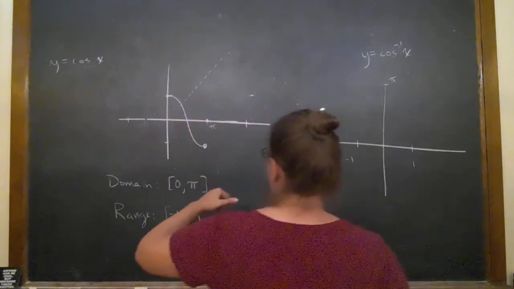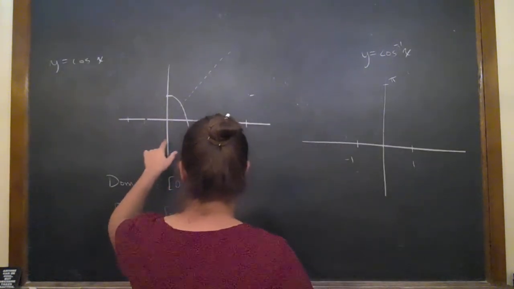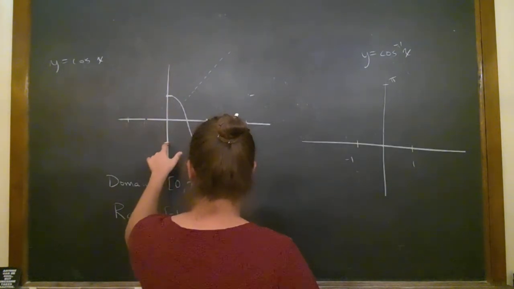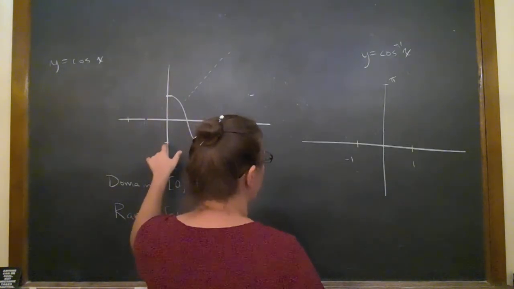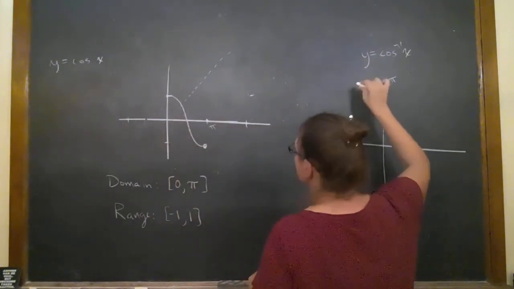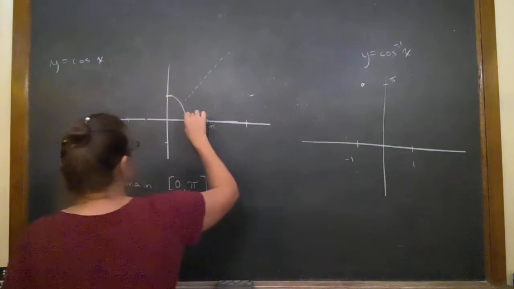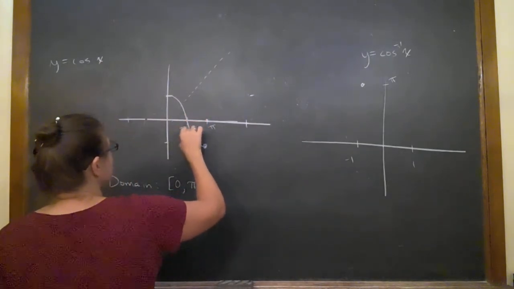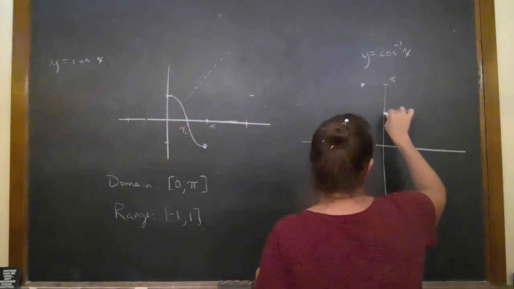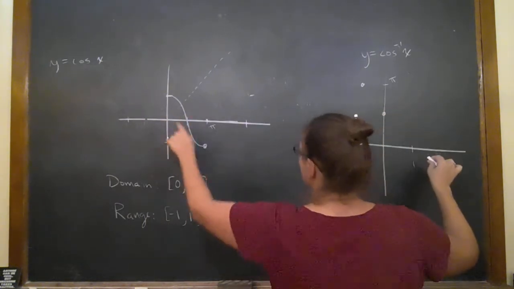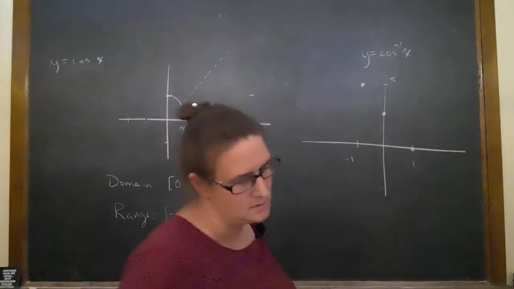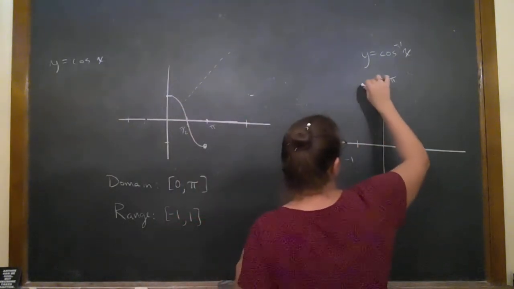And at -1, I should have pi, right? This point in the middle is, of course, at x equals pi over 2. So that's going to come here at y equals pi over 2. And then this point here is going to be that one there, right? And then it's going to be like this.